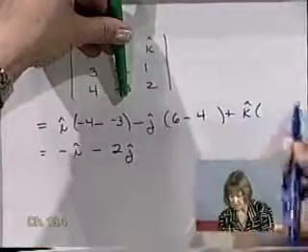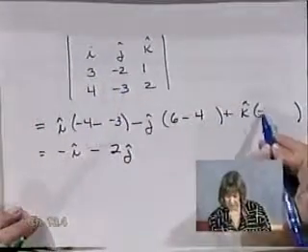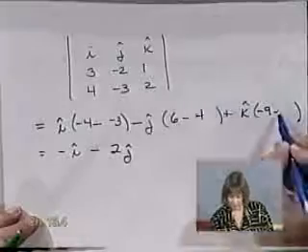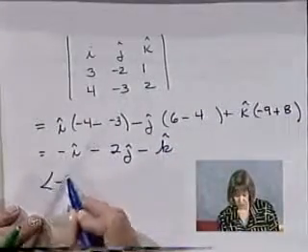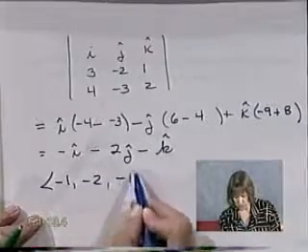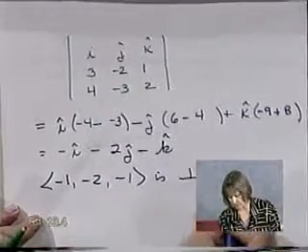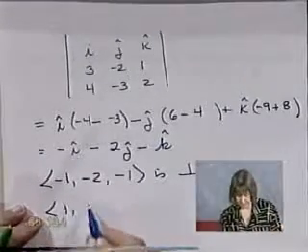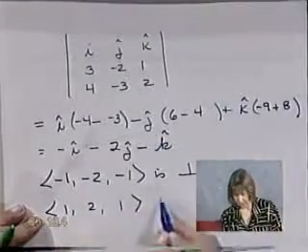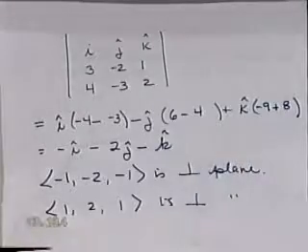Plus k times 3 times a negative 3 is a negative 9, minus 4 times a negative 2 is plus 8, so we have minus k. So the vector negative 1, negative 2, negative 1 is perpendicular to the plane. And if you multiply it by a minus, this vector is in the opposite direction. It's also perpendicular to the plane.